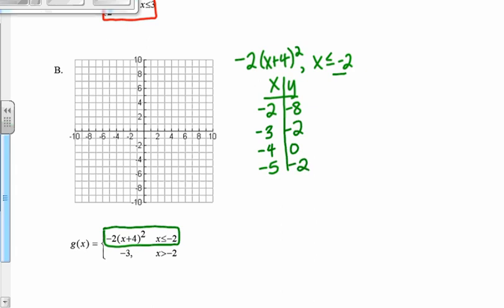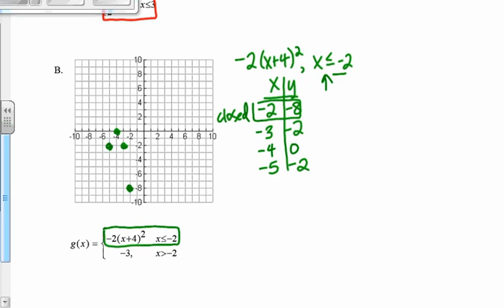All right, so that's our first part. So remember, think about this top point. Is it open or closed? Look at your inequality. It says equal to, so this is going to be a closed point, which again is just a normal point. So we have a normal point at (-2, -8). Then (-3, -2), (-4, 0), and (-5, -2).